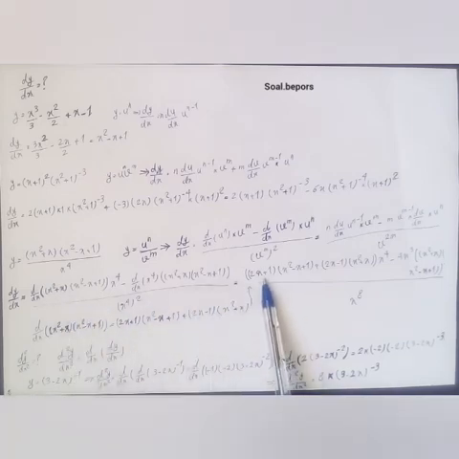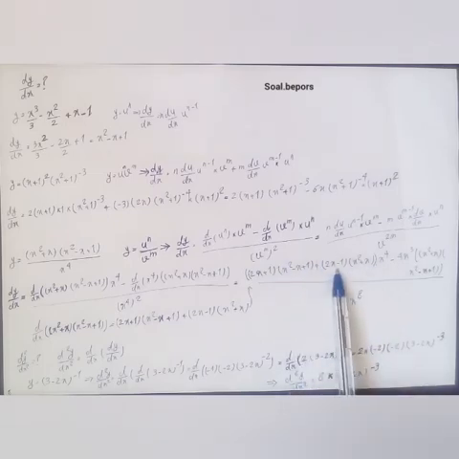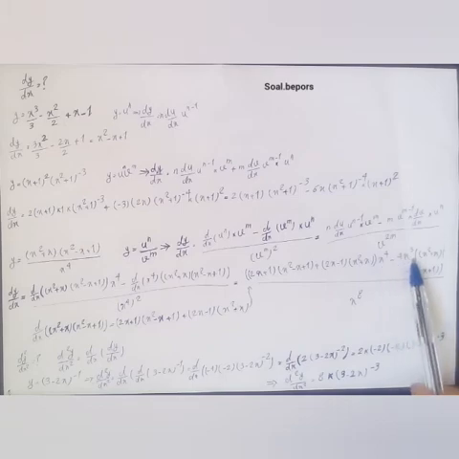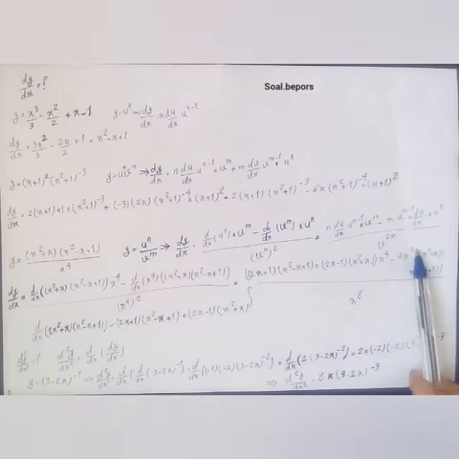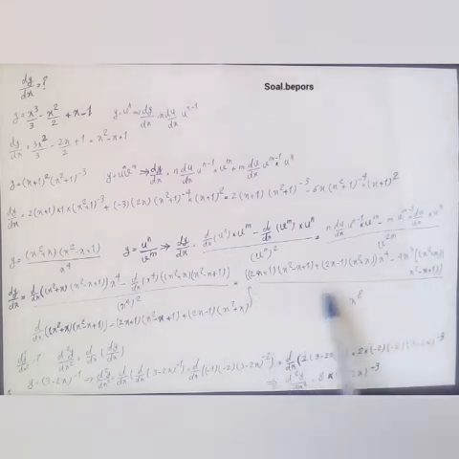We put it instead of this, multiplied by the denominator, minus dy/dx of the denominator x^4, that is 4x^3, multiplied by the numerator, divided by x^8. Okay, we don't simplify it more, so the result is this.